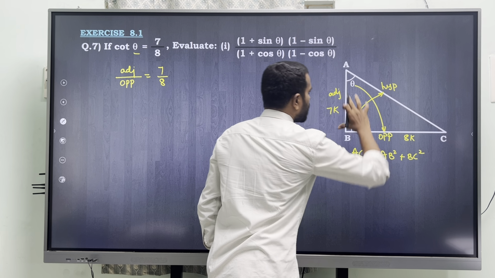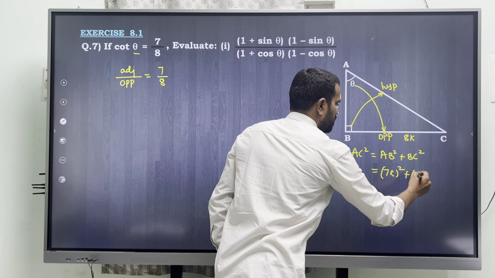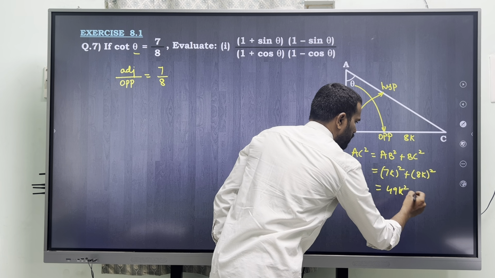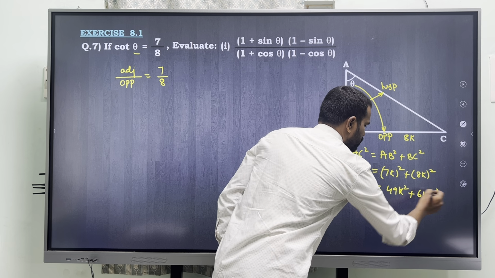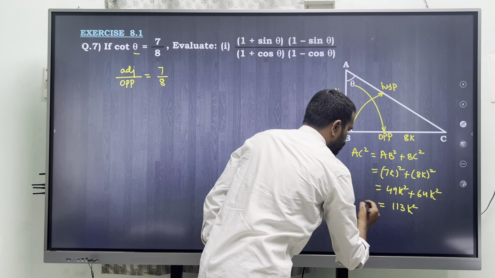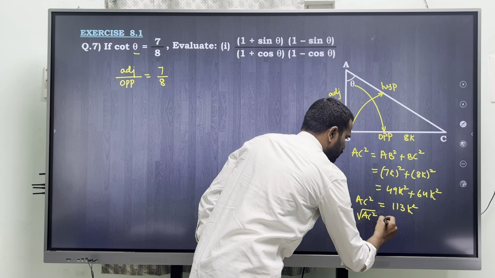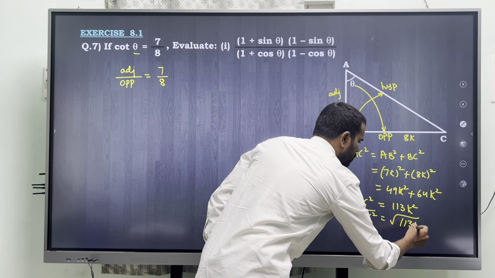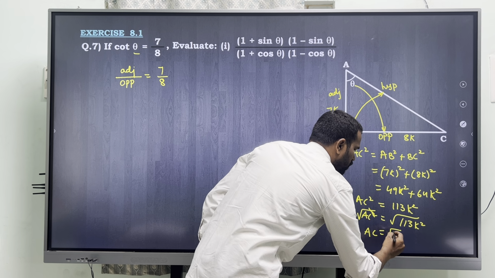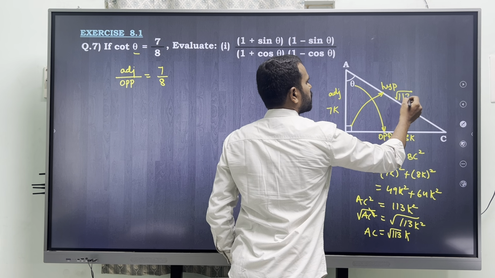AB is 7k plus BC is 8k. 7 7s are 49k square plus 8 8s are 64k square. So 113k square. If you take the square root on both sides, AC will be equal to root 113 k.